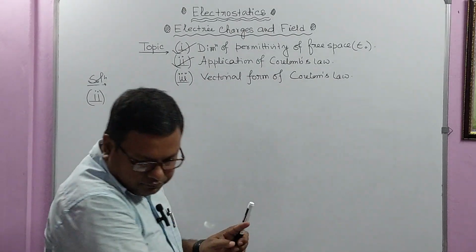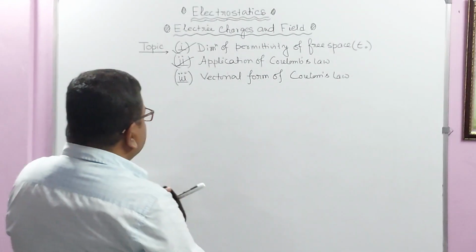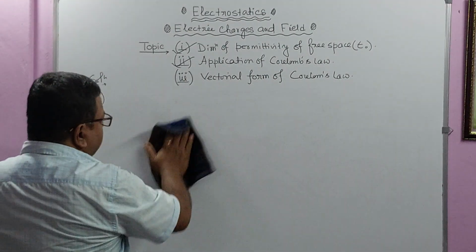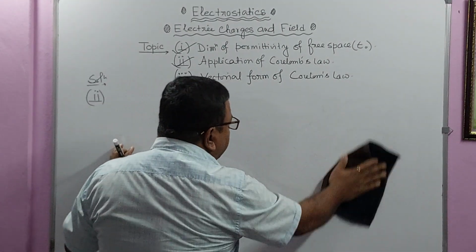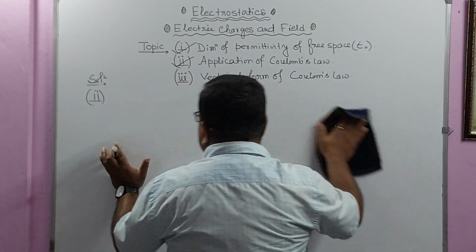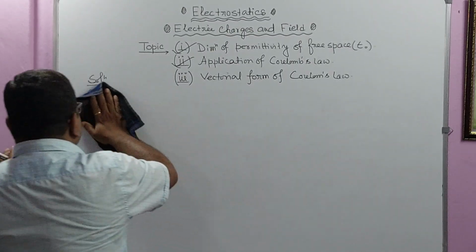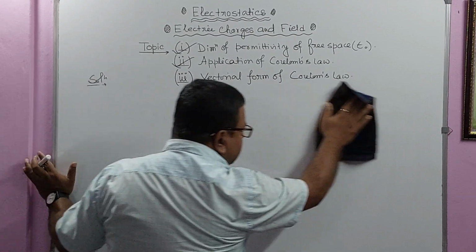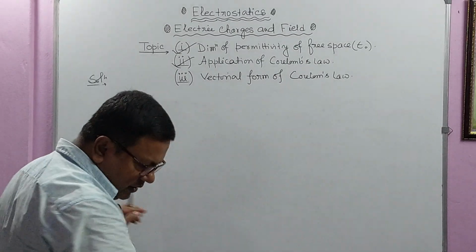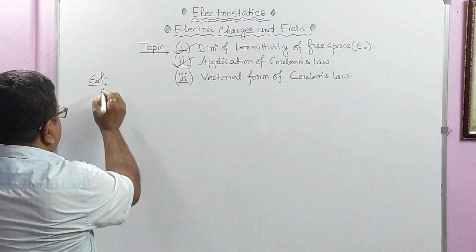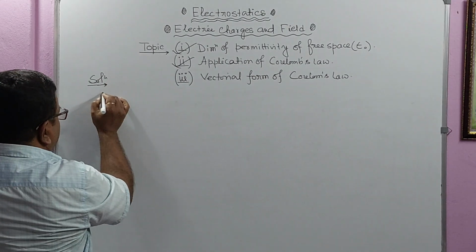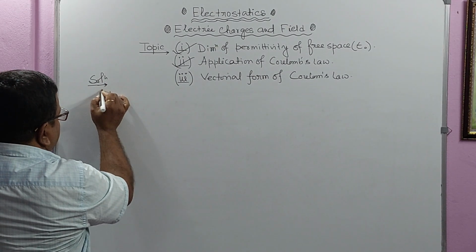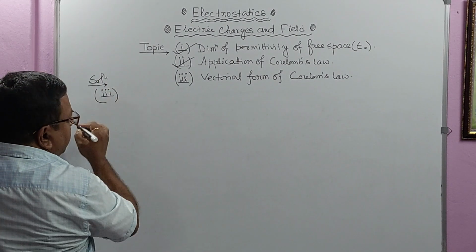Okay, so the vectorial form is very easy, since Coulombian force is a vector quantity, and we know from the very beginning of our course that force is a vector quantity.